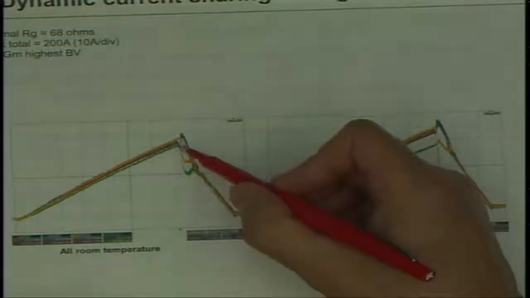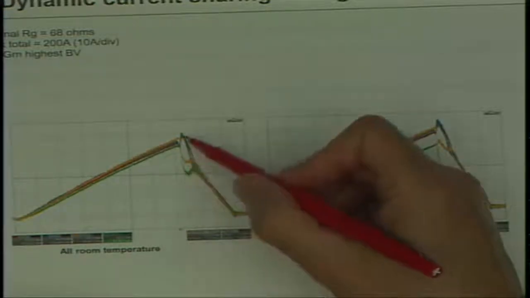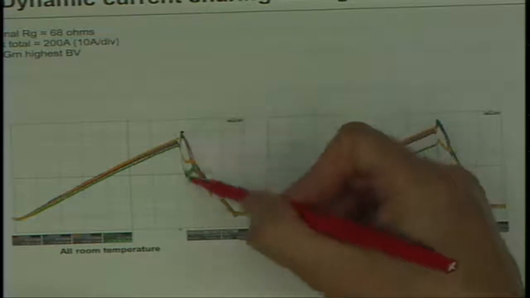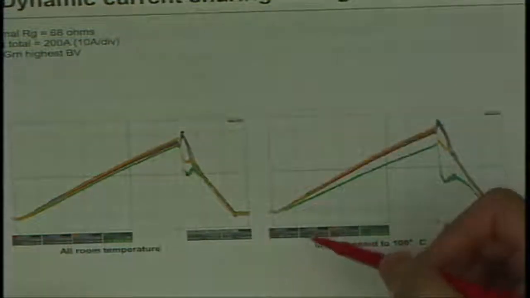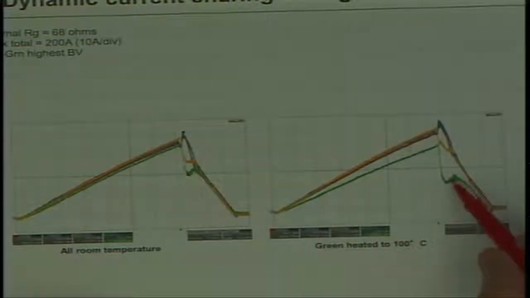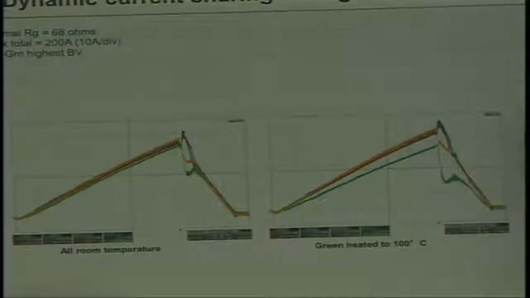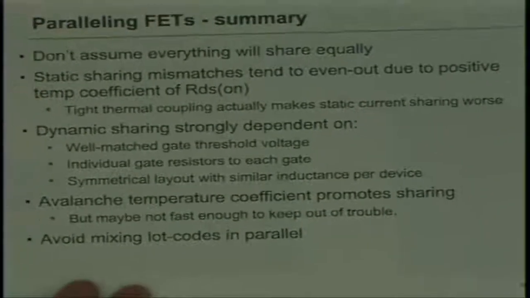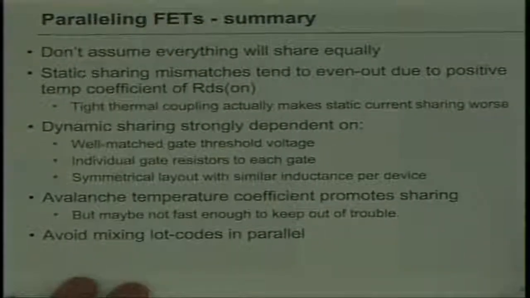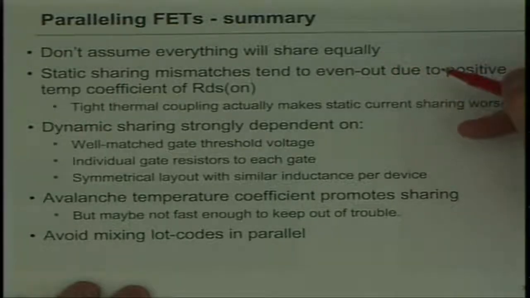So you can see that this one had the lowest avalanche threshold, this had the highest. So there's a fair amount of disparity. But then if I allow one to get even hotter, you can see even larger differences. So again, the same kind of issues sharing during avalanche characteristic. So in summary on the FETs, don't assume that everything's going to share equally.